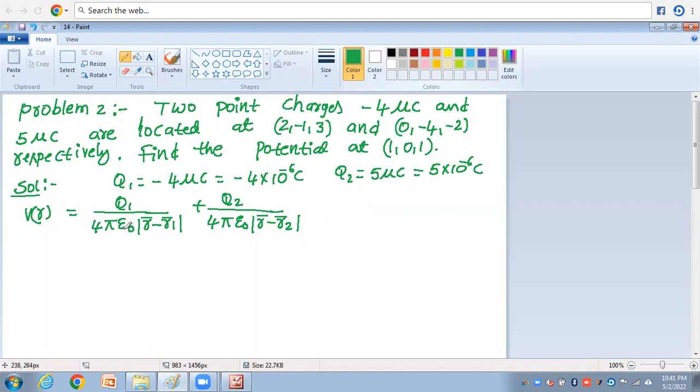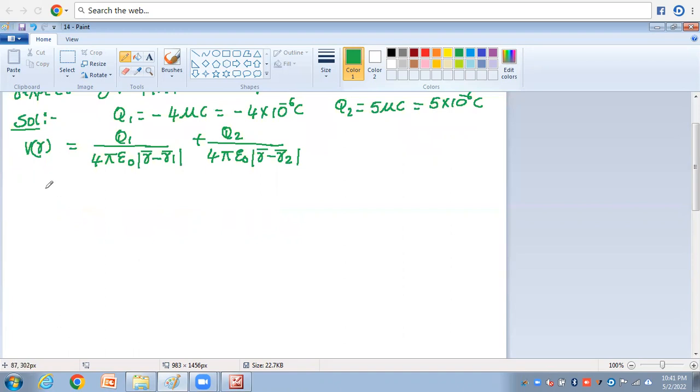First calculate R bar minus R1 bar. Very simple calculation, no need to take line equations or all those things. Simply I can write this expression. Please go through it. There is a point 1 comma 0 comma 1, minus 2 comma minus 1 comma 3, this is another point.